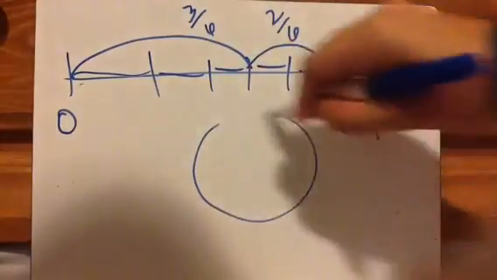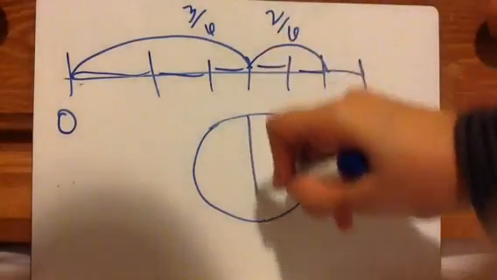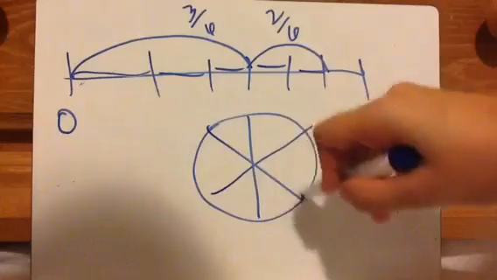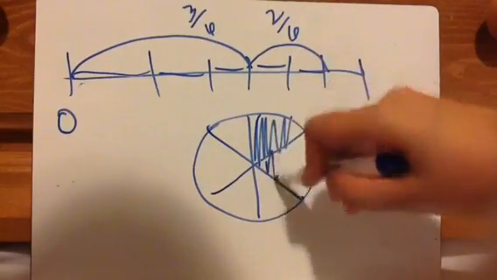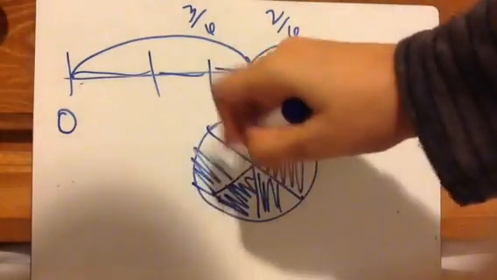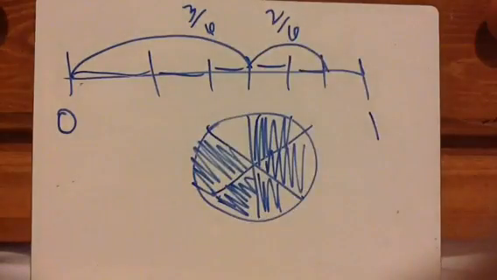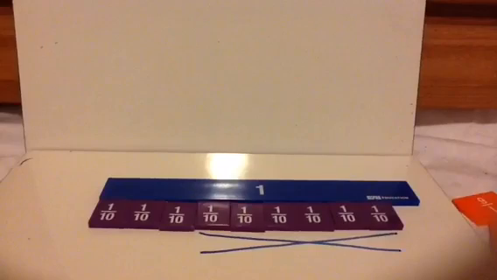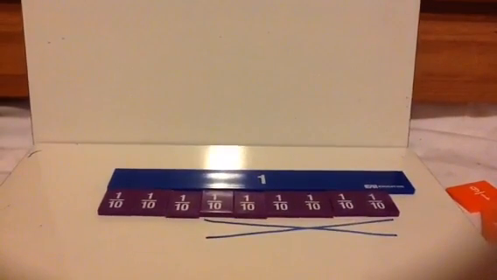And then another visual, you can cut this into sixths and do 3 in one color and then 2/6 in another color. Okay, so looking at this visual, I want you to write down a number sentence that represents this and draw this also in a circle or a stacked rectangle. Press pause and press play when you're ready to check, and then I'm going to show you how to show this on a number line.